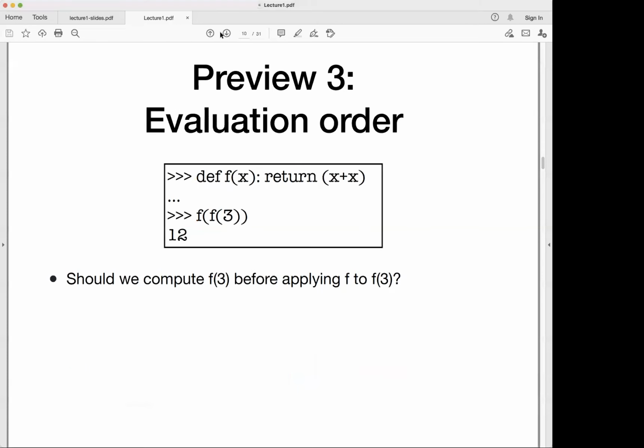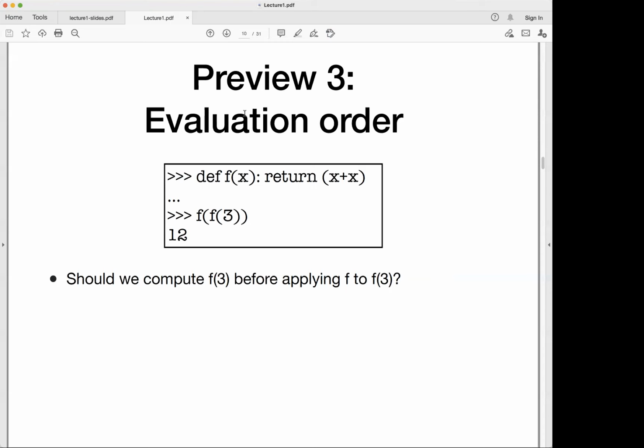And the third one is going to be the evaluation order. Now consider the program that you see on the screen, the small f that takes x. It's a Python program, and it just returns x plus x as the result. Okay. Now consider the function application f, but its argument is another function application f of 3. So then we may ask the following question. This argument f of 3 is going to be evaluated before applying the outermost function f.